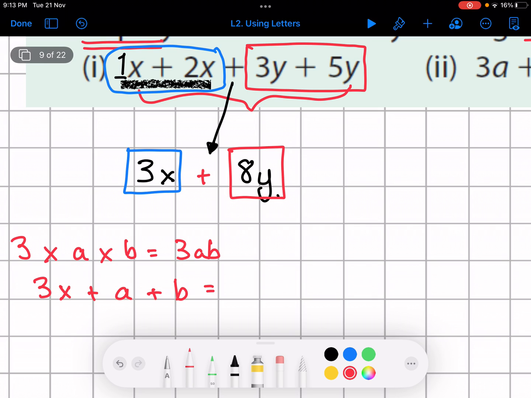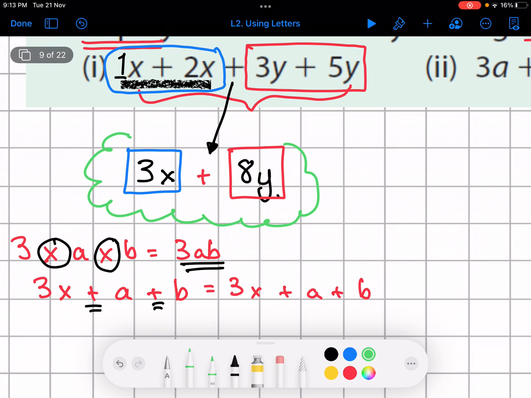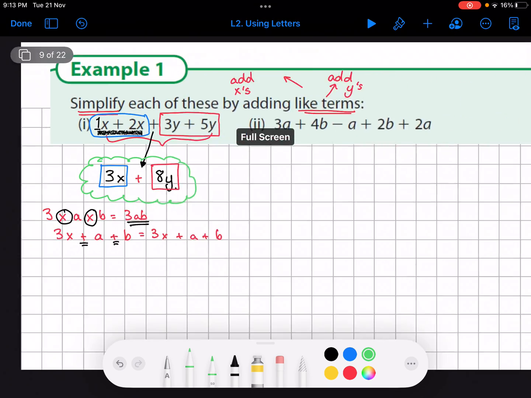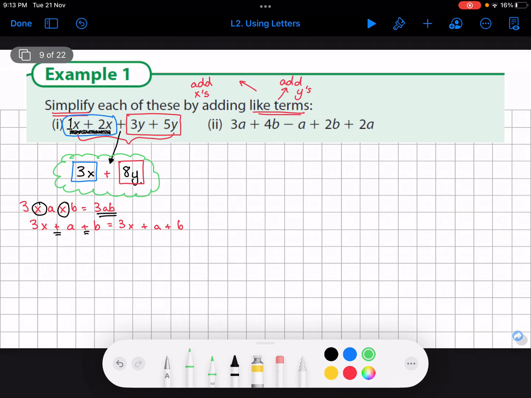So it would still be 3x plus a plus b. Okay, it's only when you see the multiplication that you can write it short like this. You cannot use it when it's addition. So this is the shortest we can write this. 3x plus 8y.